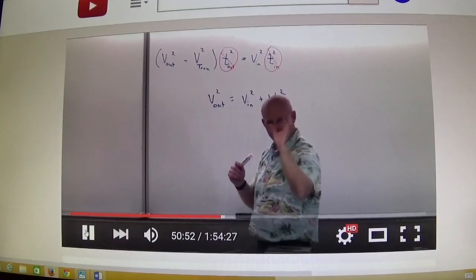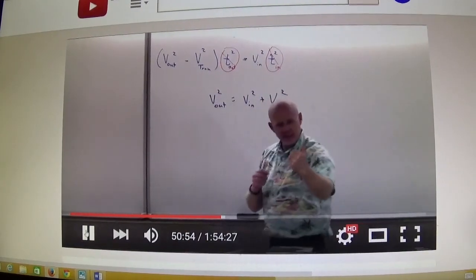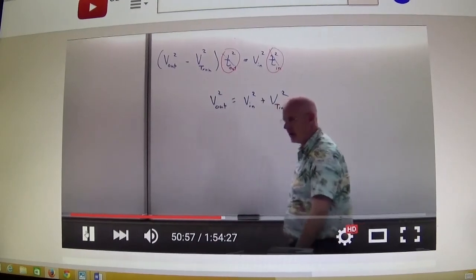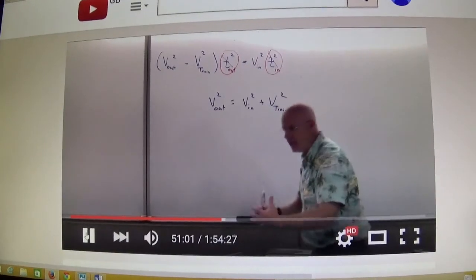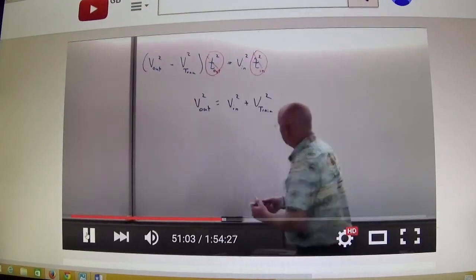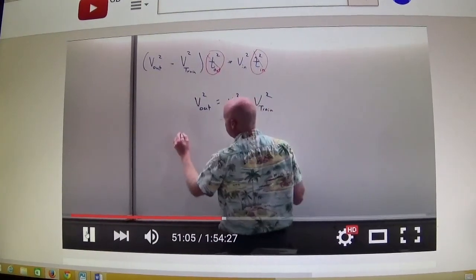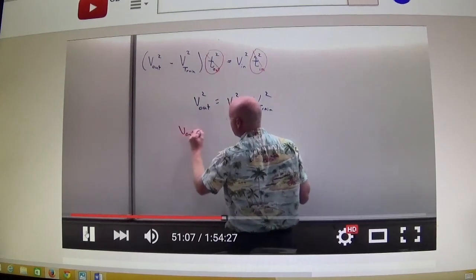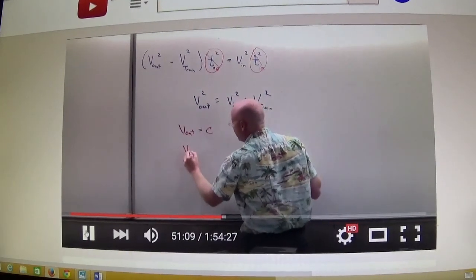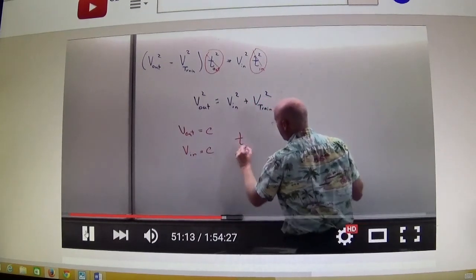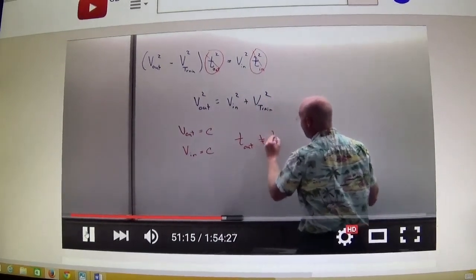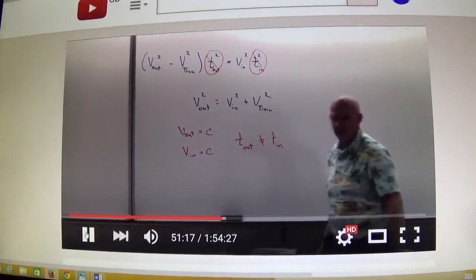Is the time observed by your clock different than the time observed by my clock? Now let's just assume that's true for a second. What would that mean? Well, here is the main step. If V on the outside is equal to c, and V on the inside is equal to c, then time by the outside observer cannot equal time by the inside observer.